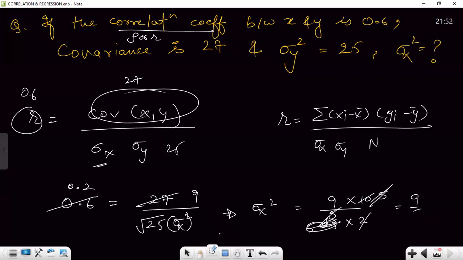And which is actually the standard deviation. So we need to find out the variance, which will be 81. This is the correct answer. I could not remember the formula a bit. You need to revise it again and again.